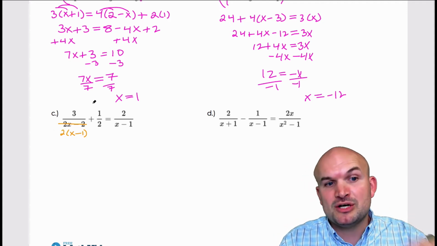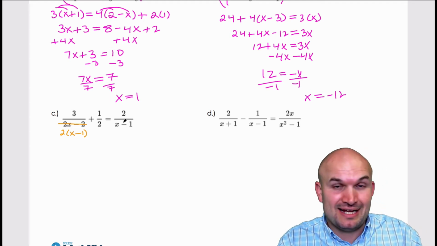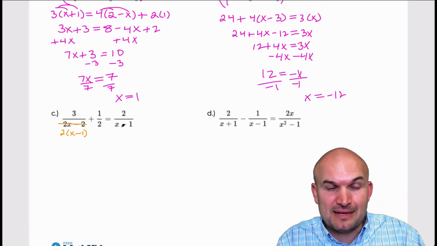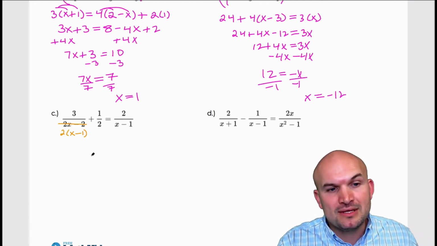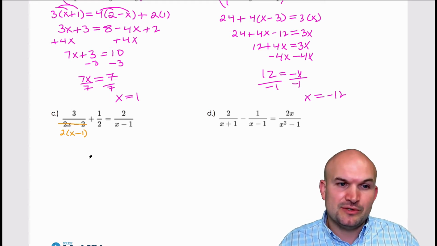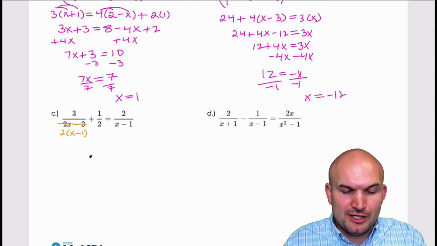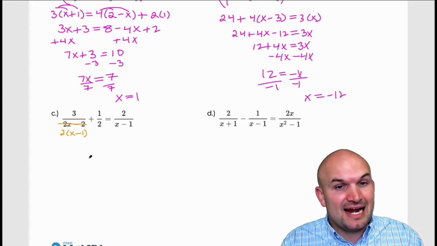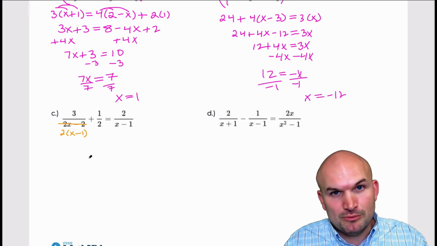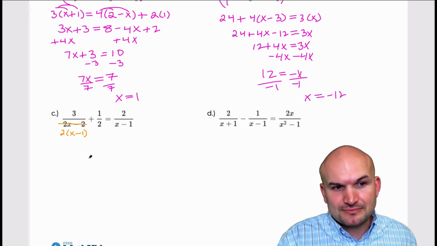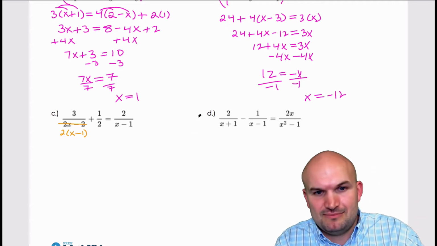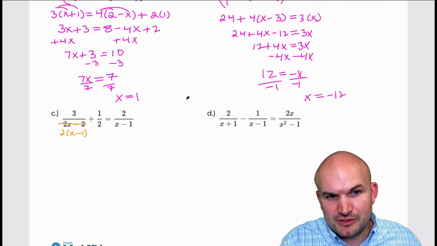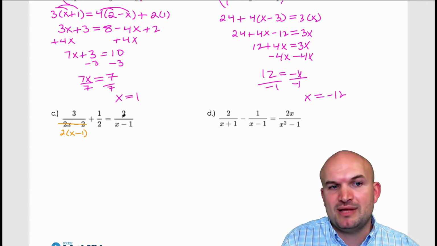Well, we remember from our division of polynomials, we can divide a polynomial into another polynomial. If I have a polynomial and I multiply it by anything else, then I know that polynomial divides into that product. So the easiest thing to do here is usually to multiply your denominators.